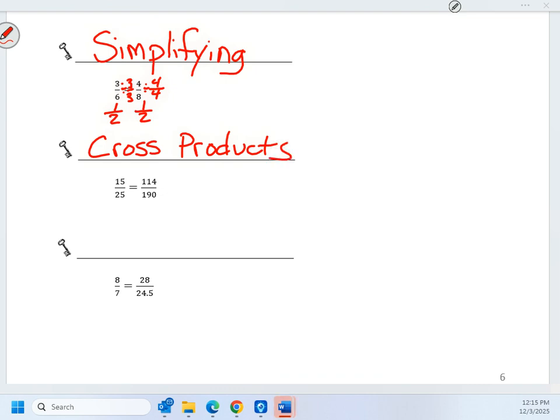Doing cross products, we're making a cross. And the math that we're going to do is we're going to multiply. So when I make that x, I'm multiplying these two, so 15 times 190, and I'm going to multiply these two, so it's 25 times 114. Get out your calculators and tell me what those equal.